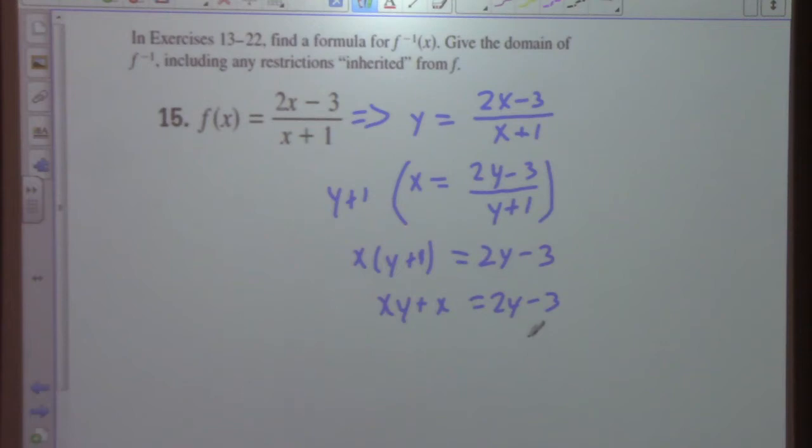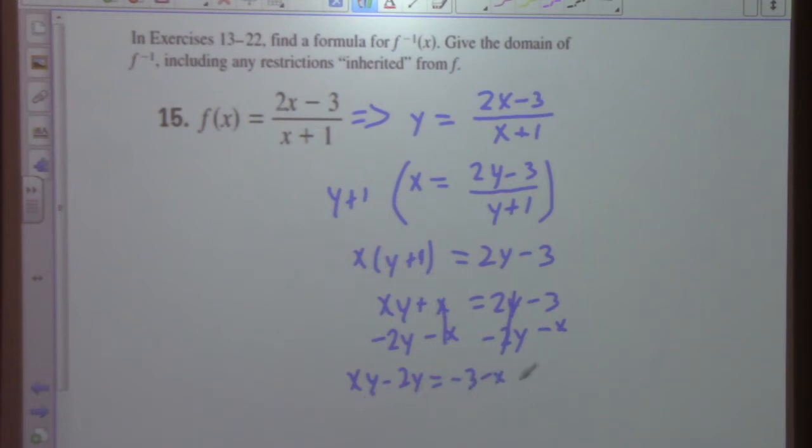I'm going to leave the numbers over here, so I'm just going to bring the y's over to the left. So we'll have 2y, and I'm going to subtract x. I'm doing these two operations at the same time, you see that? So now we have xy minus 2y is equal to negative 3 minus x.